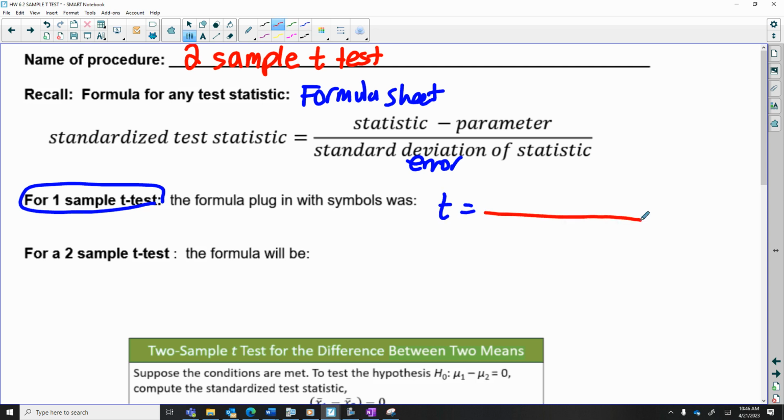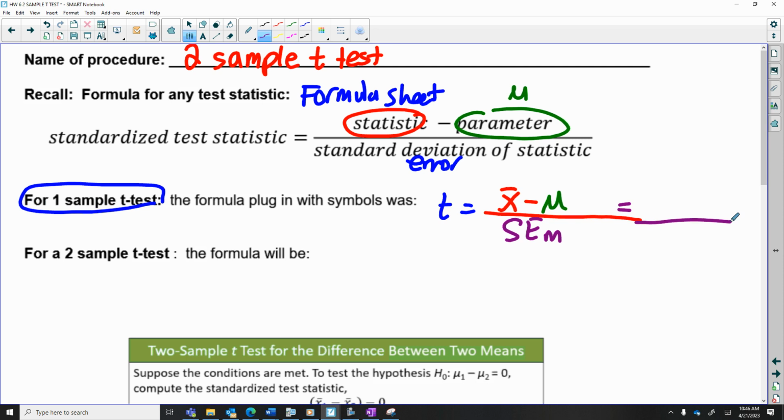The statistic was x bar. The parameter was mu sub x bar, which equals mu. And the standard deviation of the statistic, the standard error of the mean, was sigma x bar, which was sigma over radical n. But if we didn't have sigma, we used s in its place, so it was s over radical n, okay?